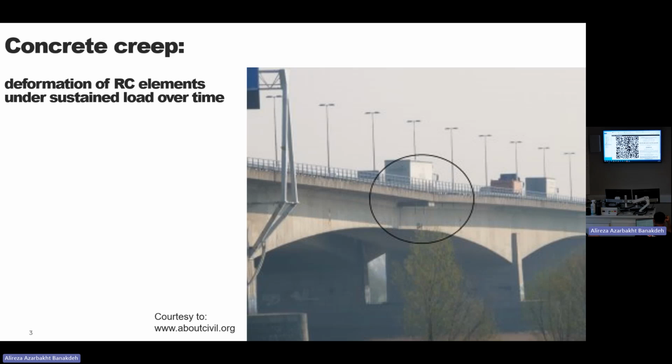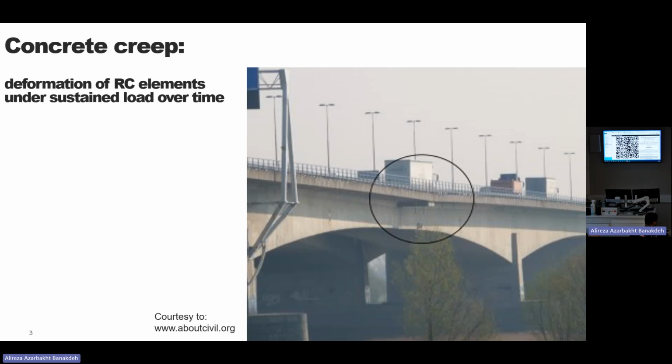But creep isn't about 28 days, it's about years. Okay, after 1, 2, 3 years, under constant load, it will deform more than the initial deformation. For example, after 28 days, it has some deformation because you start loading the structure, right?